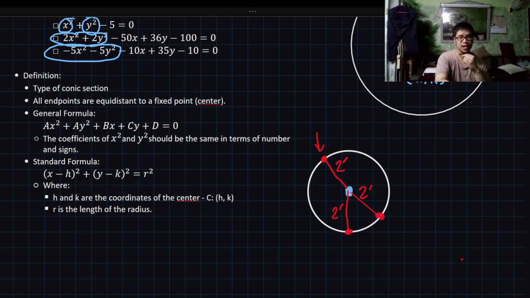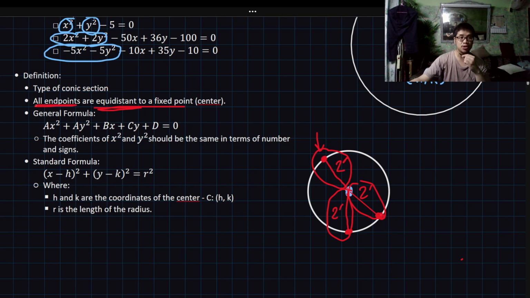So initially, we drew a radius here whose measurement is 2 units. That means the other radii, or in singular form radius, are also 2 units. Hence, they are equidistant to a fixed point.